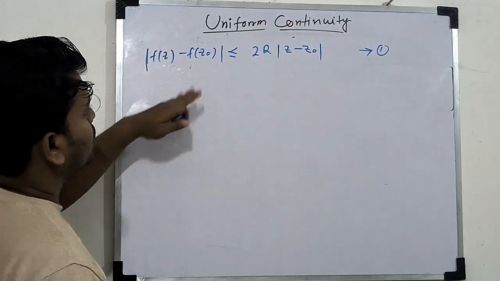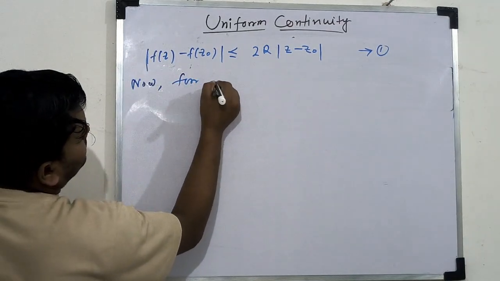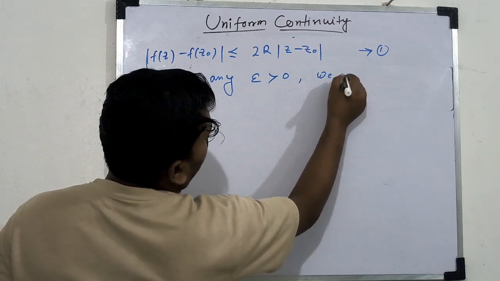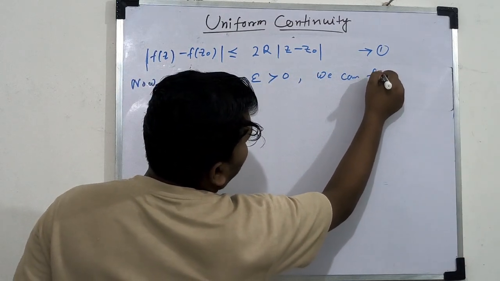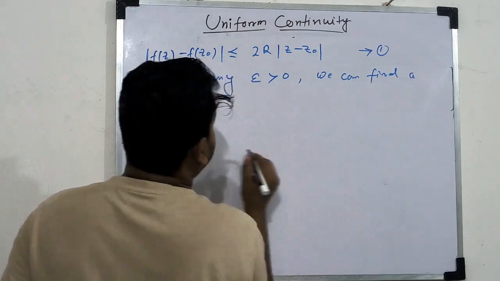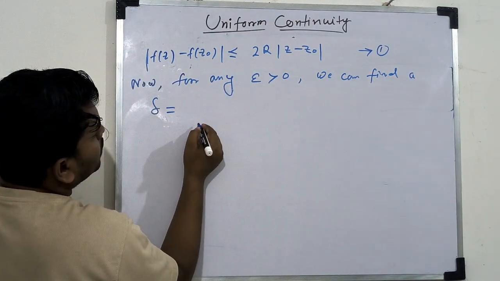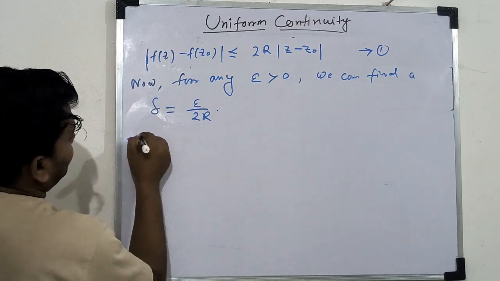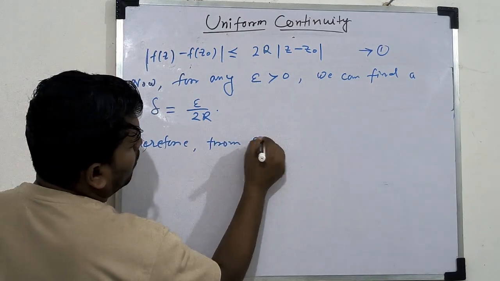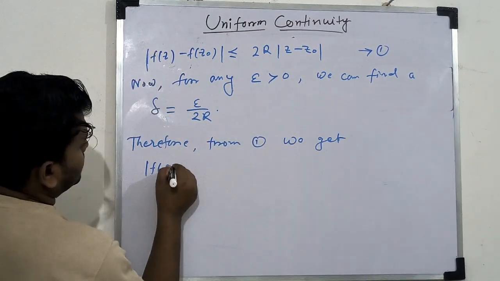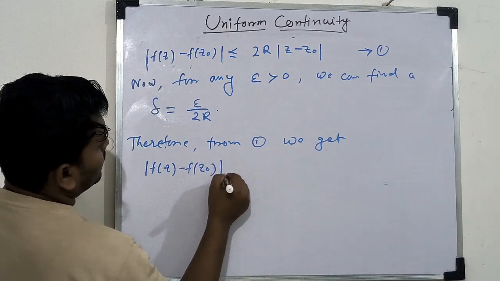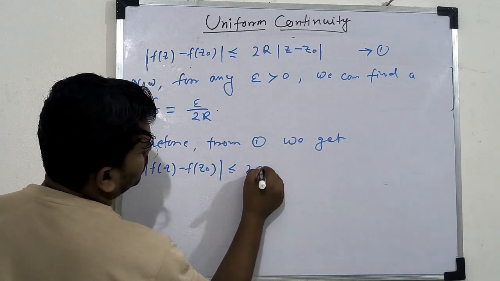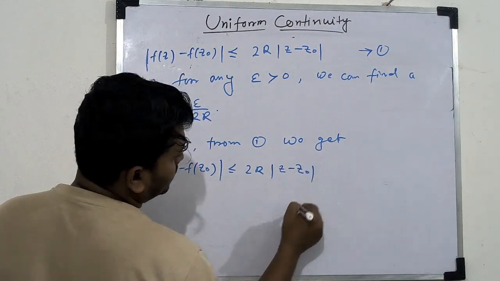So for any epsilon greater than 0, we can find a delta which is equal to epsilon by 2r. Therefore, from 1 we get modulus f of z minus f of z0 is less than or equal to 2r times modulus z minus z0.